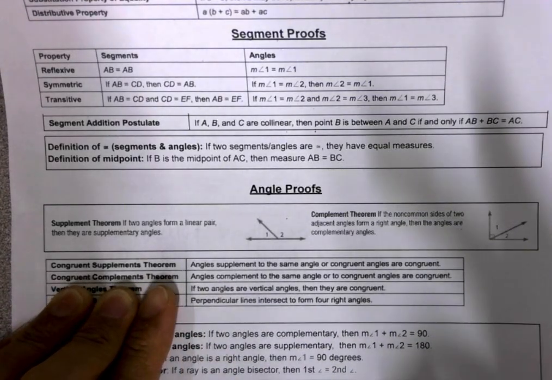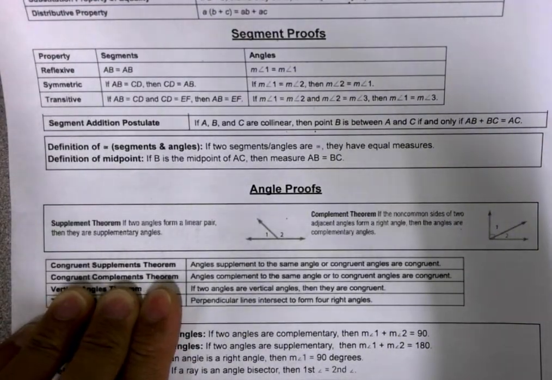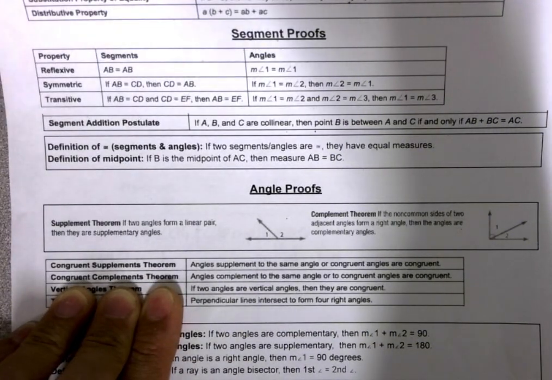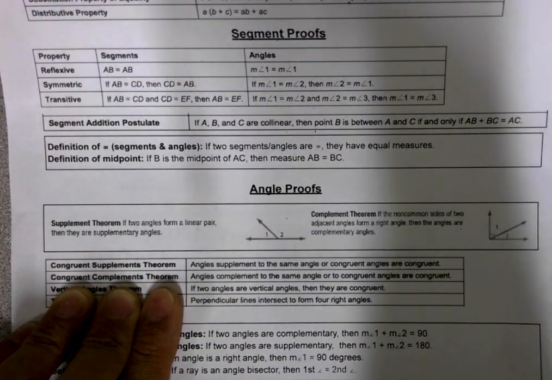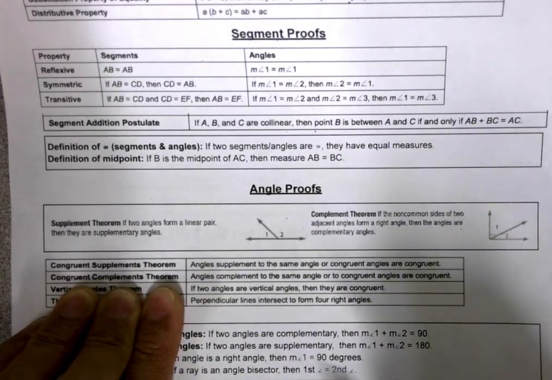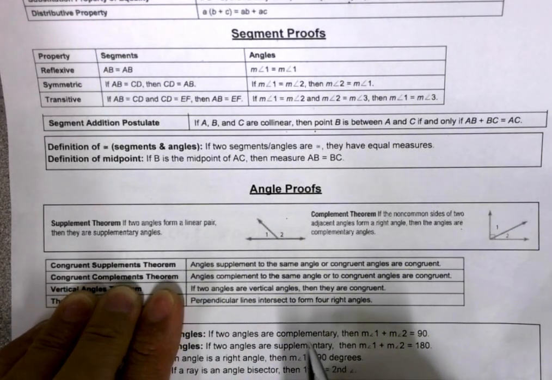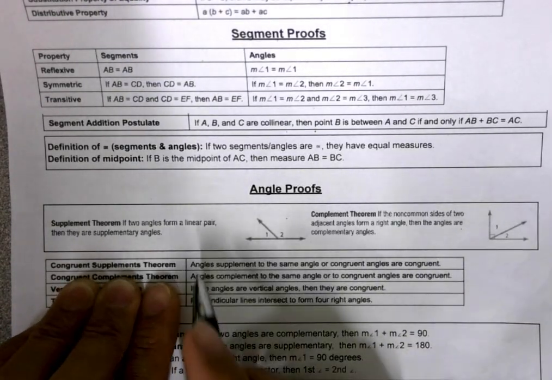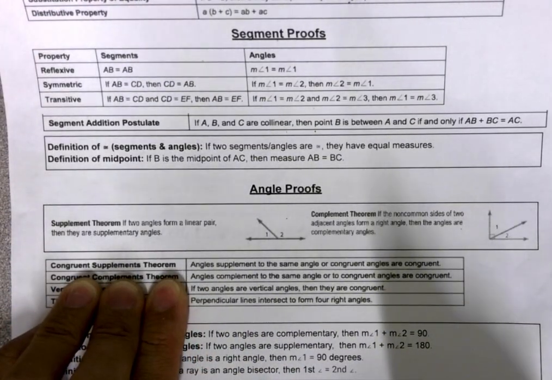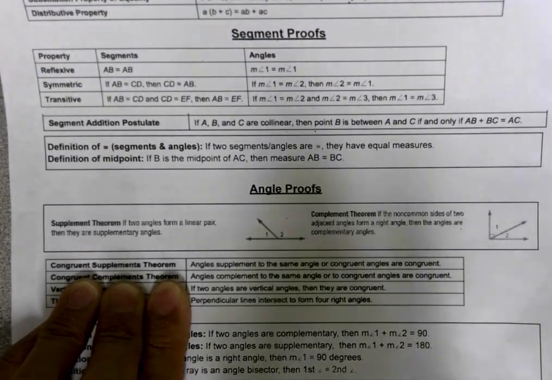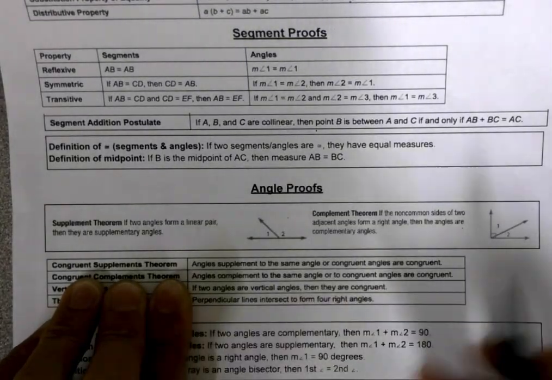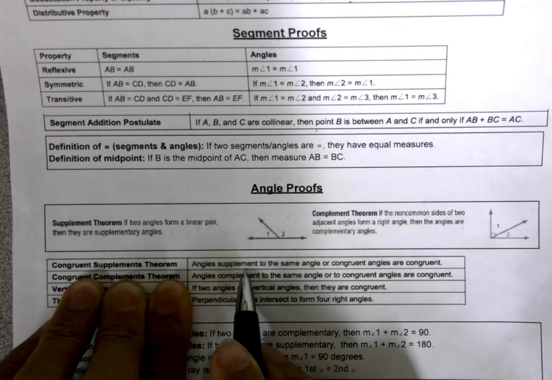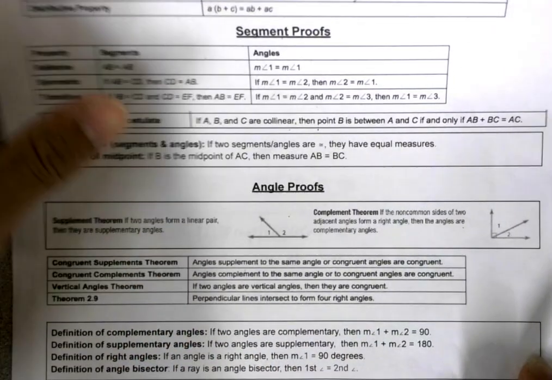If we have two comp statements, then we can say that two angles that are complementary to the same angle are congruent. Same thing with the congruent supplements theorem: we need two separate statements that say two angles are supplementary to the same angle, and then we can say the two angles are congruent.